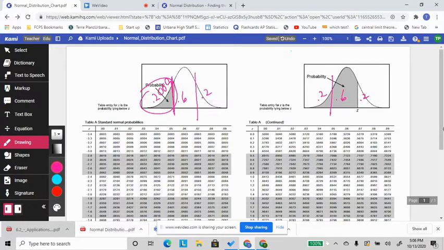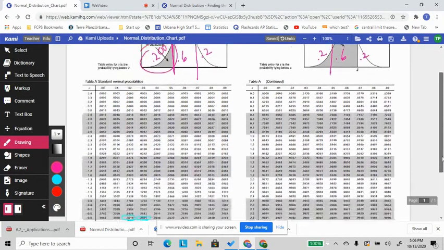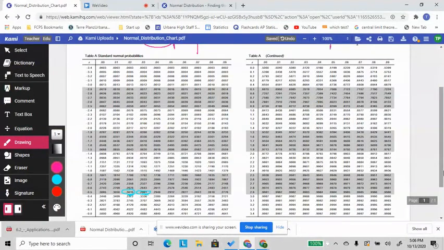And then the closest thing to 2,000 I will look up. The closest thing to 2,000 is right here, 2005. So my z is negative 0.84. So that's the negative side.